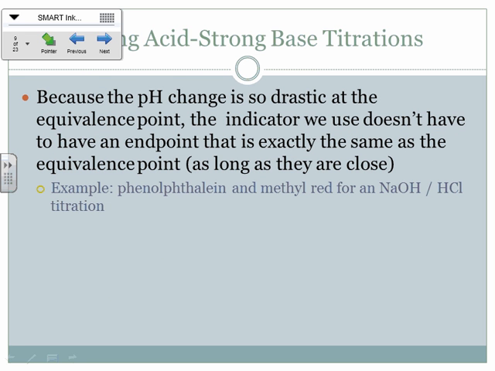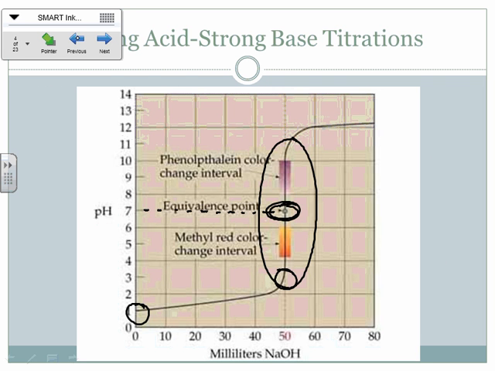Okay. So because the pH change is so drastic at the equivalence point, really the indicator that we use, it's important, but there's a range that we can kind of use. I mean, if you go back to the graph here, notice, and this is the example that it's giving, methyl red changes at about pH 5 to 6, okay?